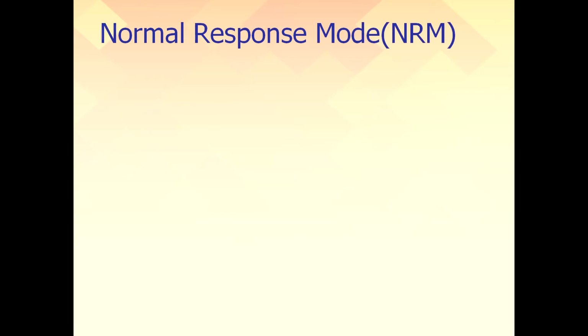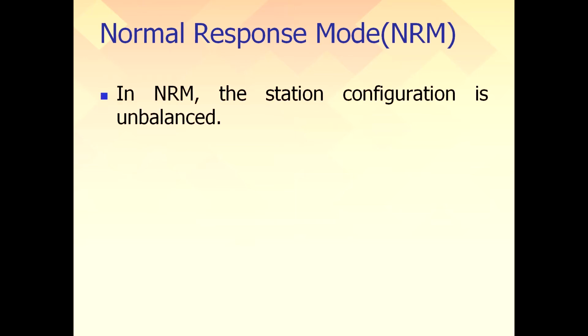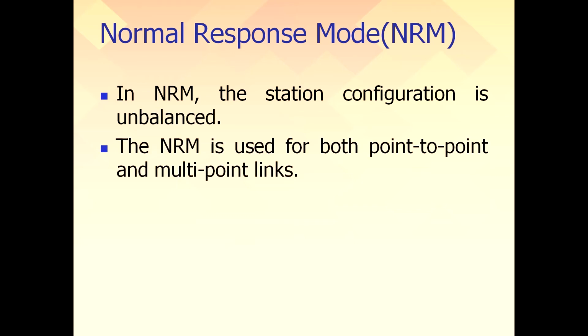The first one is Normal Response Mode, NRM. In normal response mode, the station configuration is unbalanced. NRM is used for both point-to-point and multi-point links.